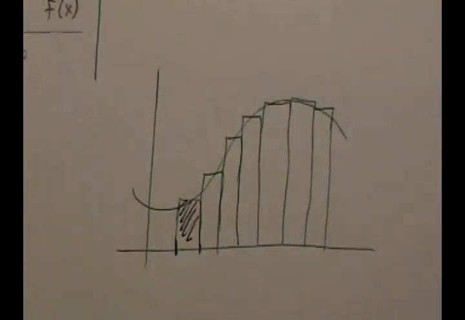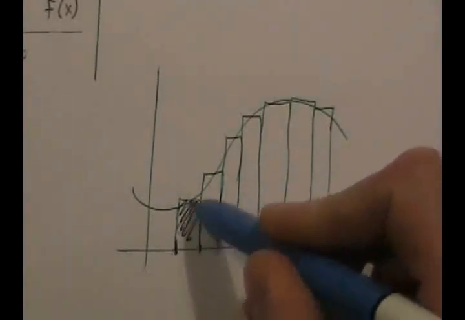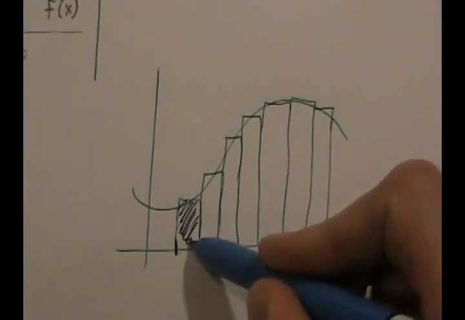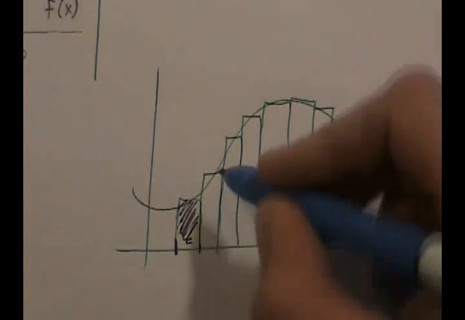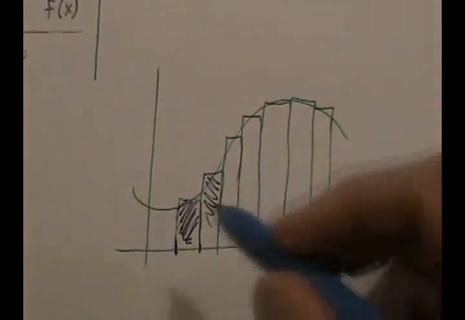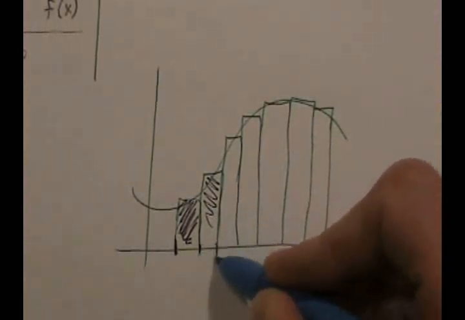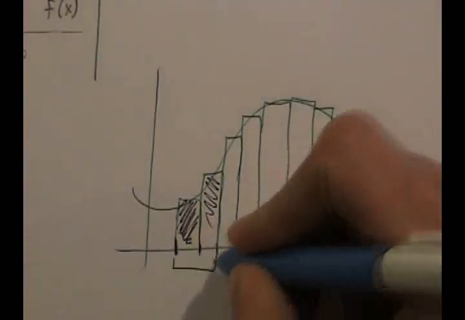So what happens is when you're adding up, say this area here equals the change in the antiderivative from this point to this point, and then the area of this rectangle here gives us the change from this point to this point, thus giving me the total change from here to here, right?